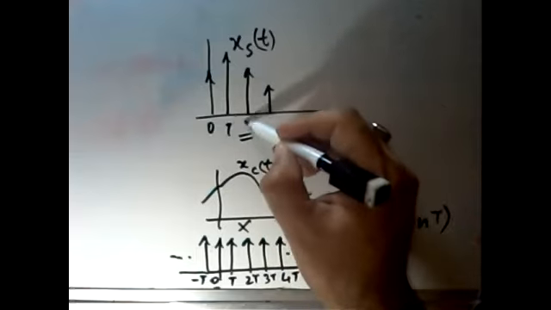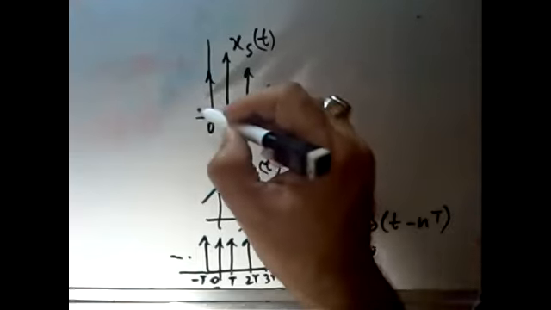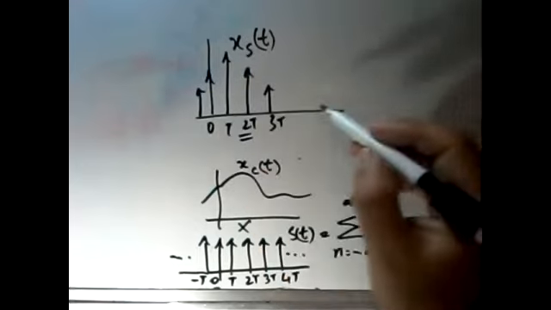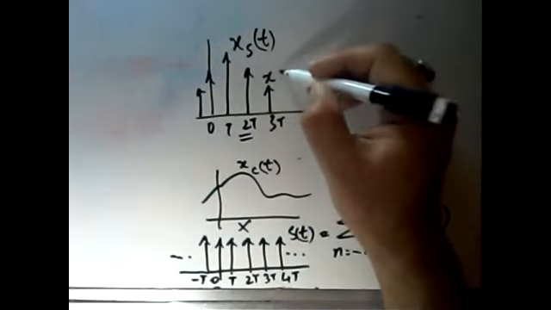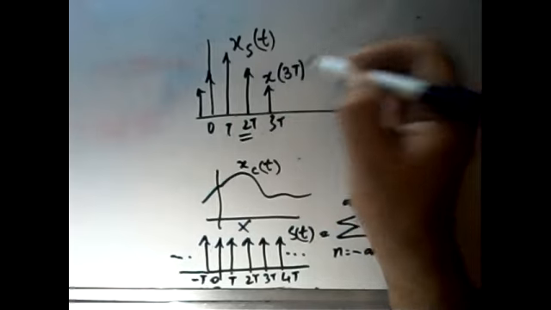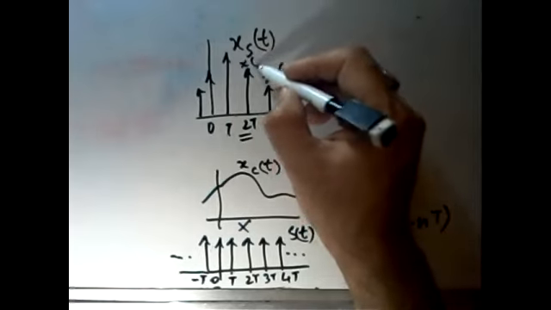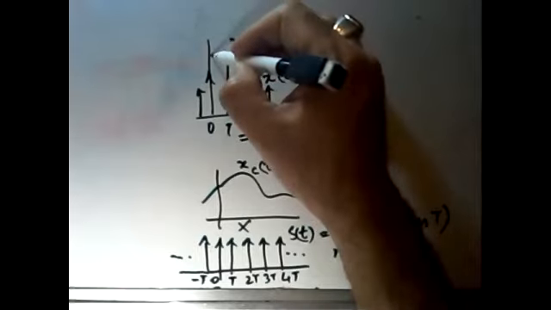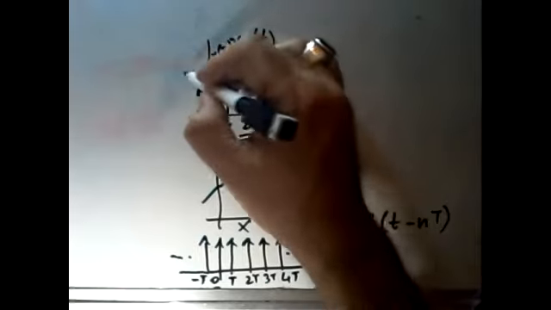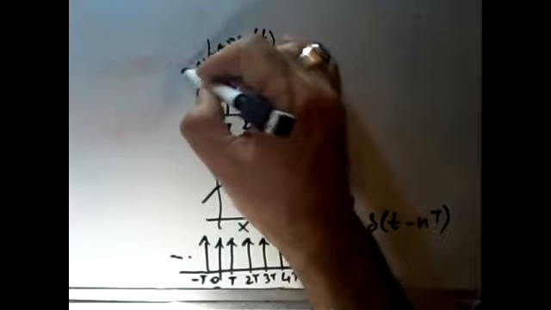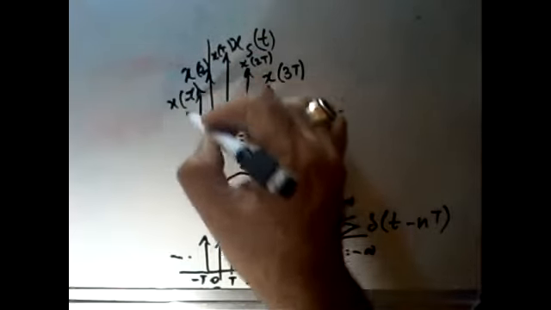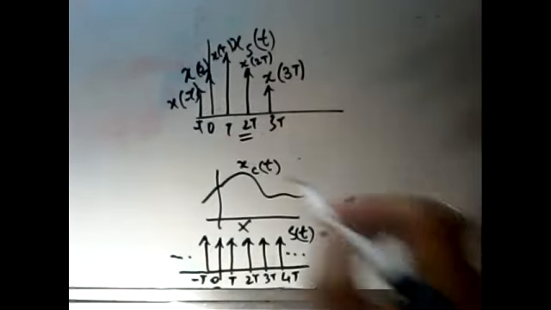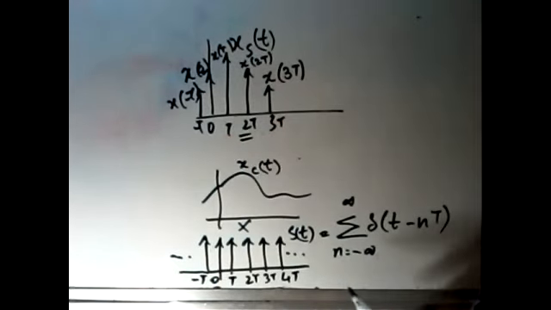So at 0, T, 2T, 3T you get different impulses. Okay. So what is the weight of this impulse? This is x of 3T. This is x of 2T. This is x of T. This is x of 0. Okay. And this is x of minus T, because this exists at minus T. Right.